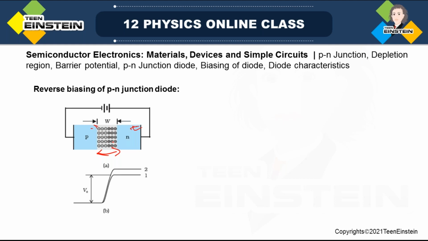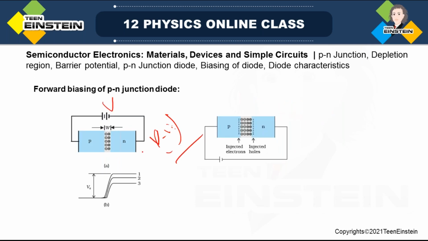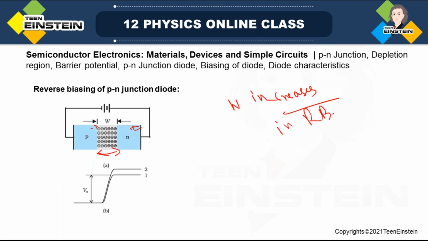The width of the p-n junction in reverse bias increases. W increases. In reverse bias it increases, but in forward bias it decreases. You can see that it decreases.